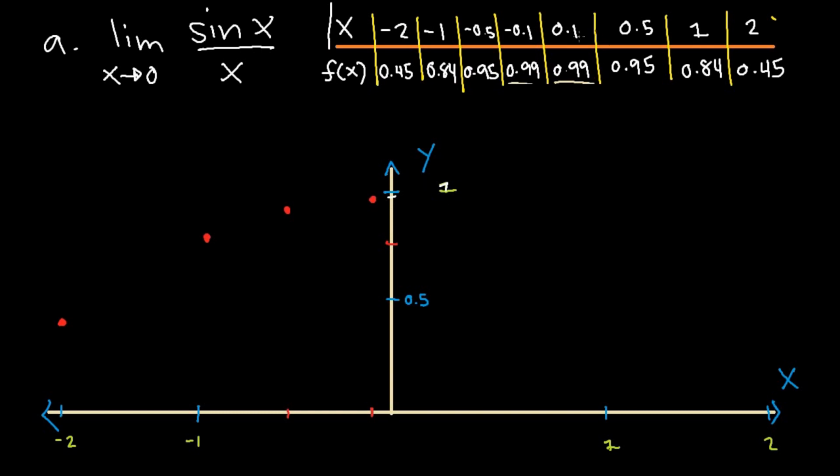Similar din sa positive 0.1. Sa positive 0.5, so 0.95. So that's approximately diri. Tapos sa 1 is 0.84. So diri approximately.